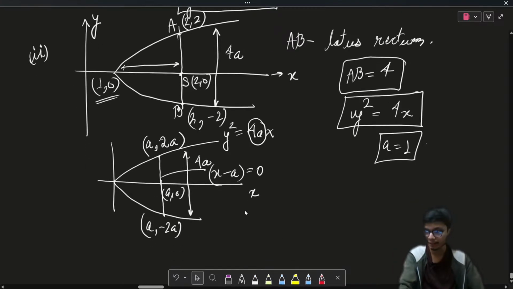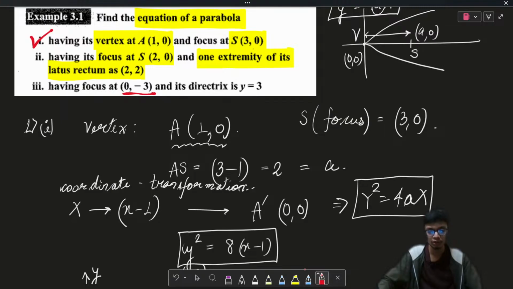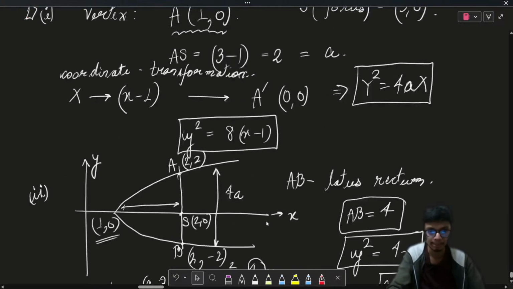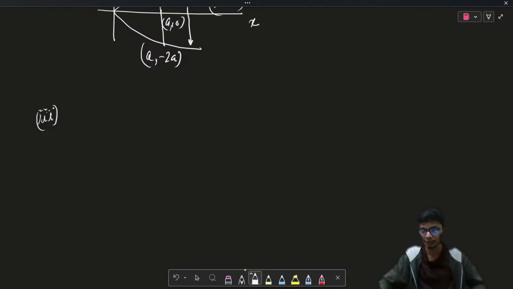In a similar manner, the third problem says that this particular parabola has its focus at (0, minus 3) and the directrix at the line y is equal to 3. So let us attempt the third problem. The directrix of any conic section is basically any fixed straight line.